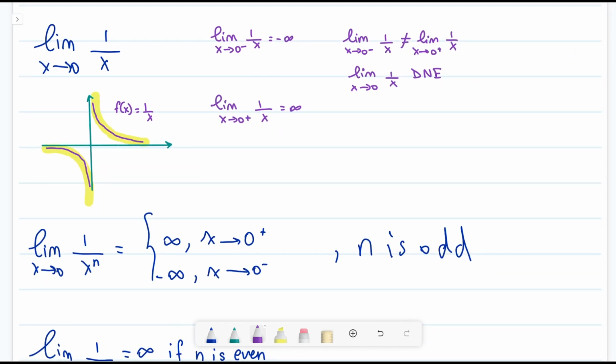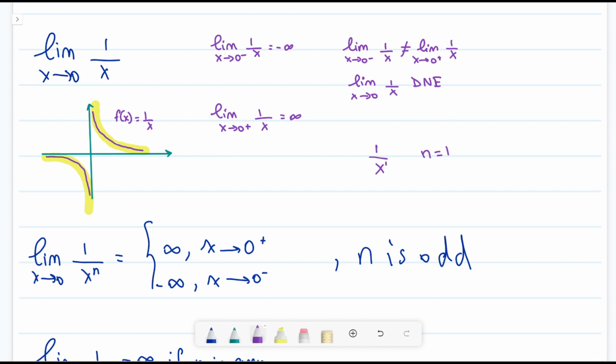In this example, the function was 1 over x, which is the same as 1 over x to the power of 1, so n is equal to 1, n is odd. As x approached 0 from the right, the limit was infinity. However, as x approached 0 from the left, the limit was negative infinity. And in such a case, since from both sides we do not get the same answer, the limit does not exist.